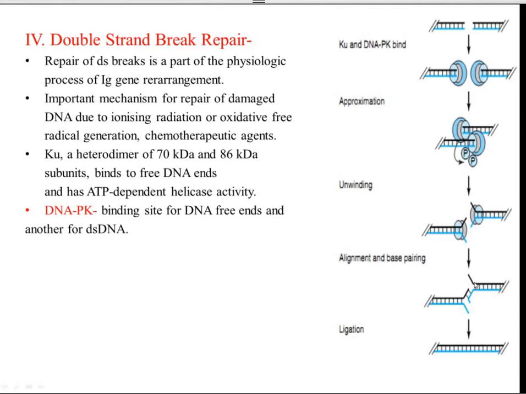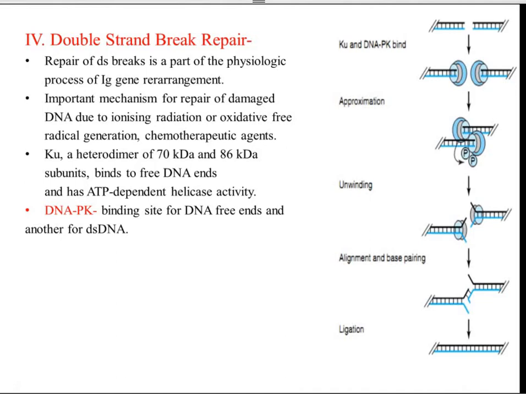These loose ends will be cleaved off by nucleases. Now complementary base pairing has taken place. These loose ends from the two strands are now removed like this, and after ligation, this double strand break will be repaired. So this is how the double strand break repair occurs.